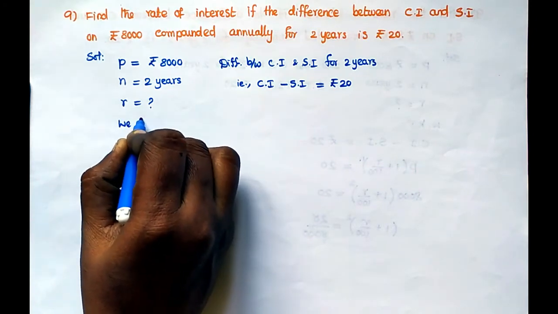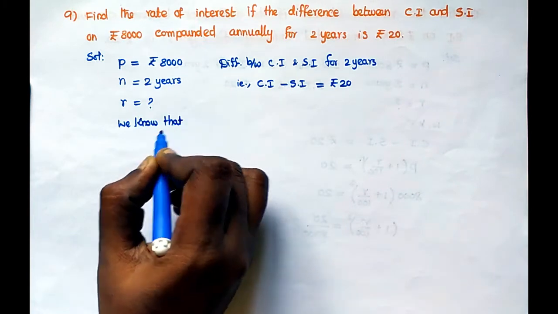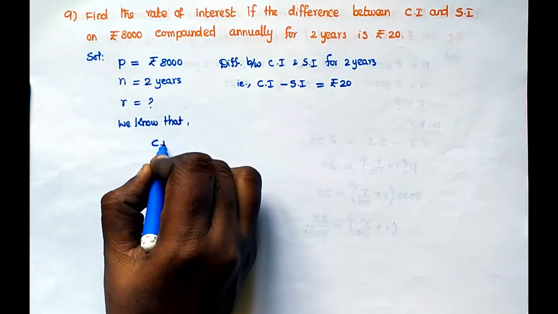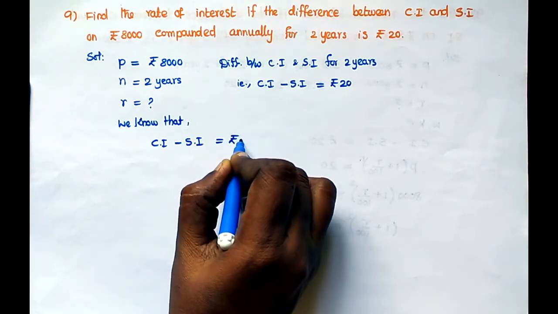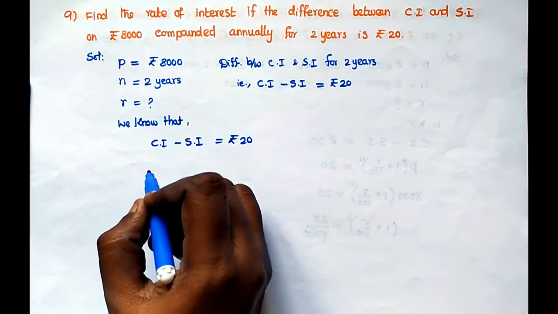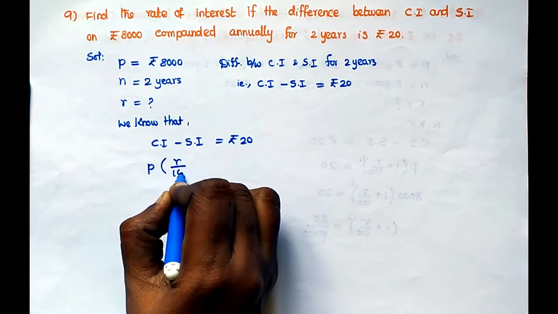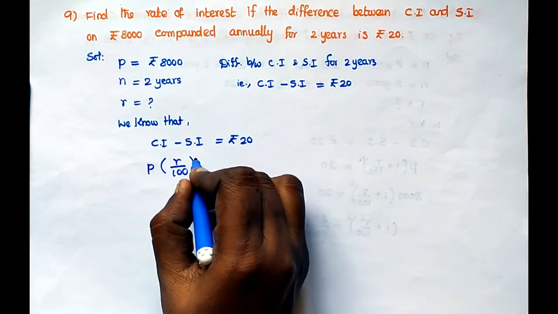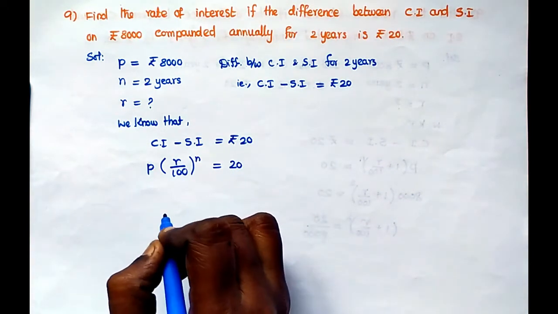Now we know that CI minus SI equal to rupees 20. What is the formula for this one? P into R by 100 power n equal to rupees 20.